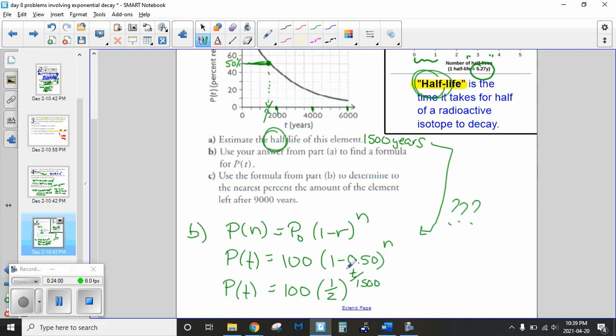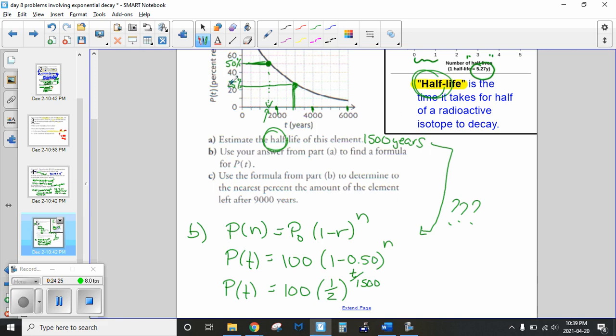So if the time elapsed, or the time that has passed, is 1500 years, then we're talking about this first decay, 1 half-life. If our time is 3000 years, so let's look at this one, 3000 years, now we're down to 25% of our material.